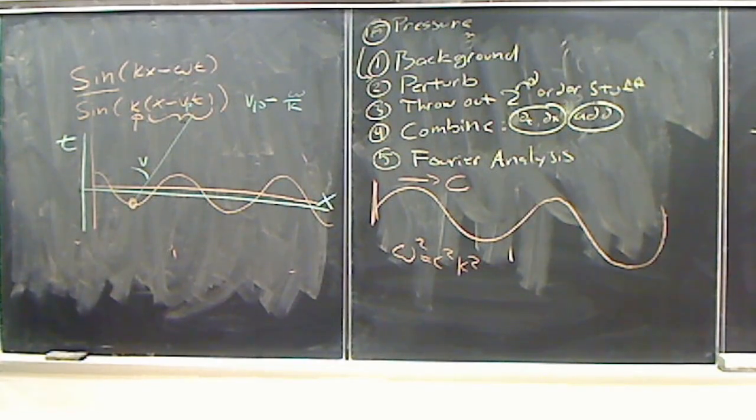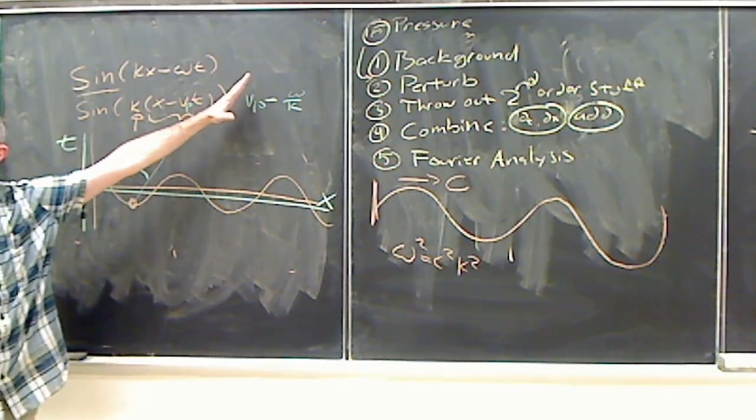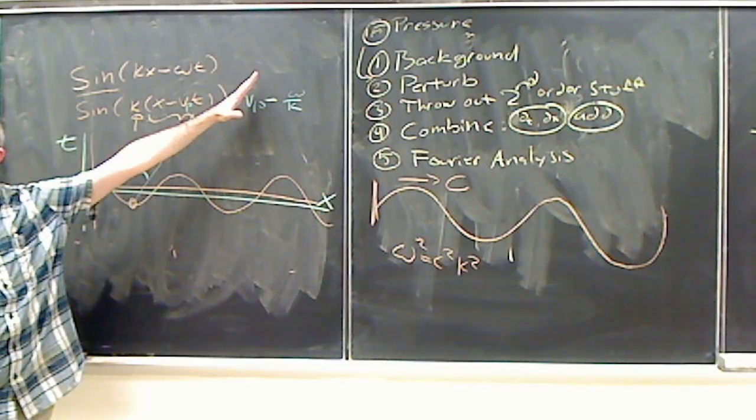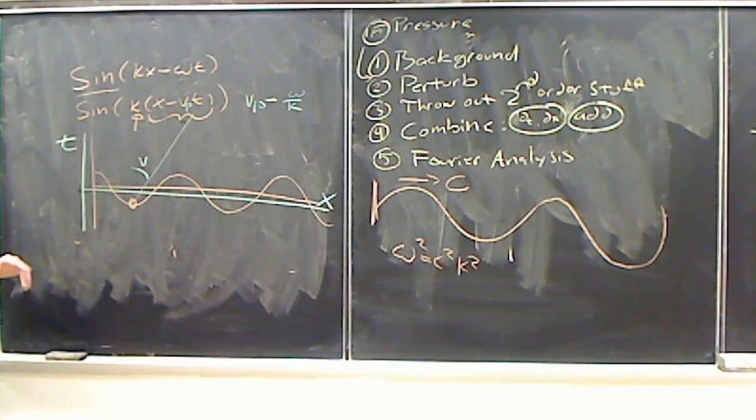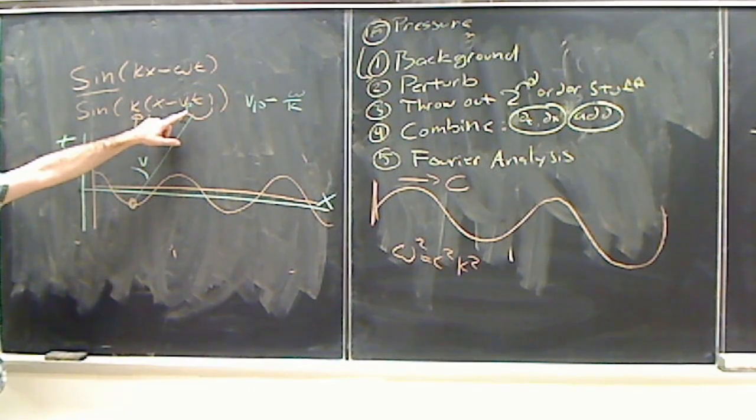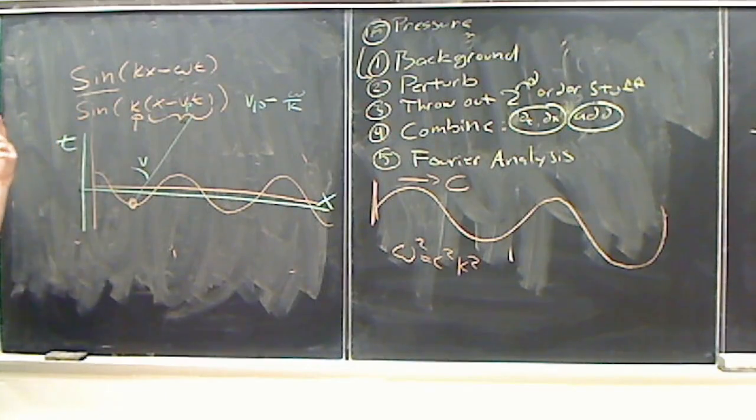So will the angle for the velocity be different at a different time? No, that's a good question. So this stays the same. So this is always going to translate in time at the same rate. It doesn't have to, though.